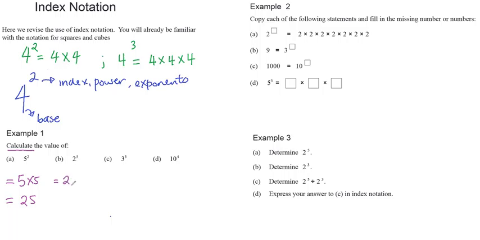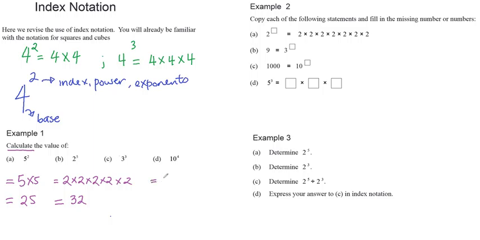So if I'm writing this out, expanding gives us 2 times 2 times 2 times 2 times 2, which is 2 multiplied 5 times, which should give us an answer of 32. What about 3 to the 3rd power?